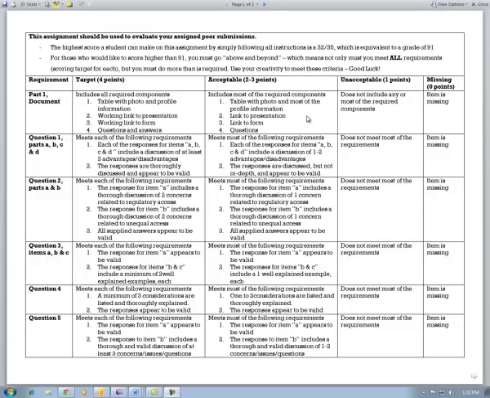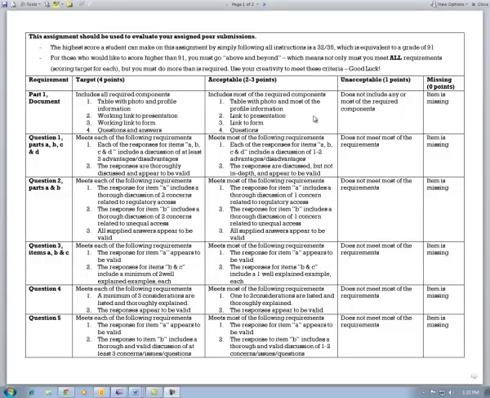If the item includes most of the required components, including a table with photo and most profile information, a link to the presentation, a link to the form, and this could mean that maybe the link isn't working, but you can tell that the student did try and complete this part of it, and questions, then they could earn 2 to 3 points. You make the determination on the amount of points they earn. If they met most of these requirements, then you should give them a 3. If they met only a few of these requirements, then they would earn a 2.